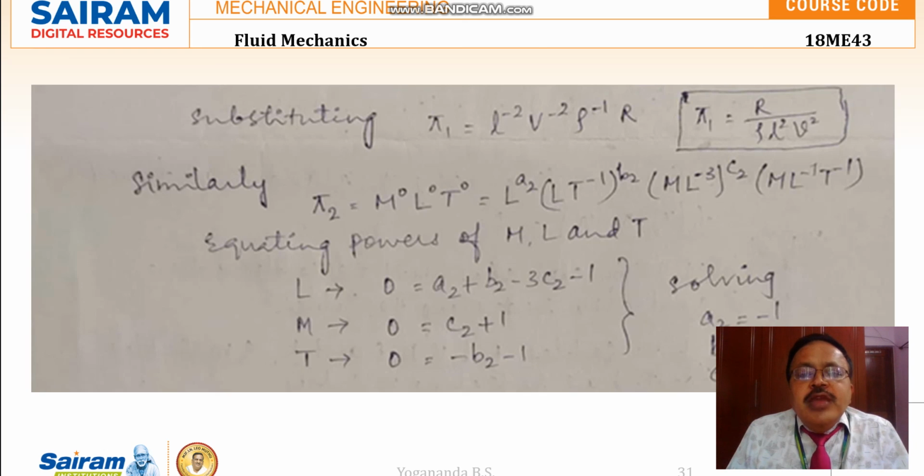Substituting the values of A, B, C, we get the pi 1 term.